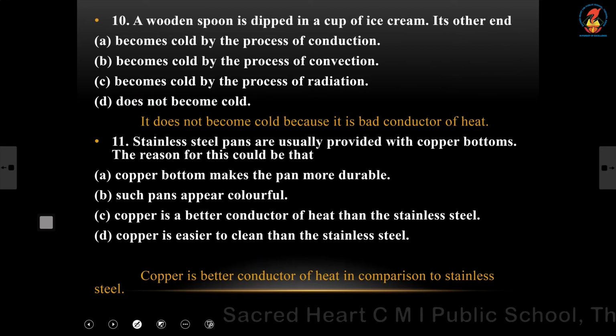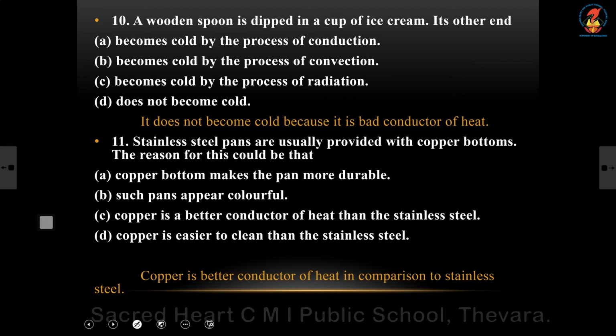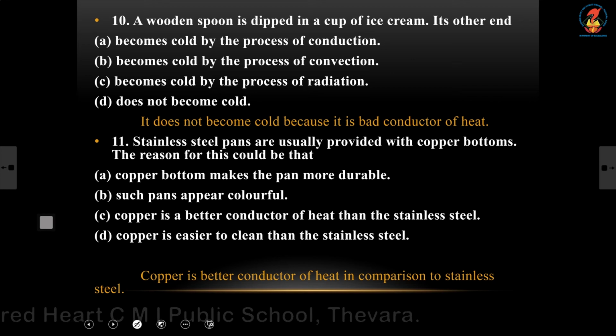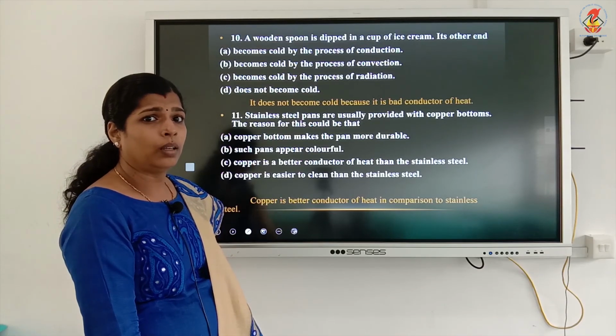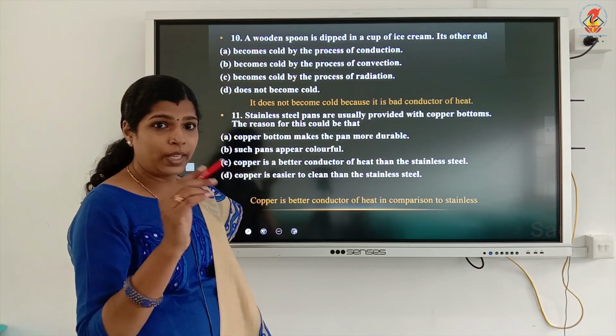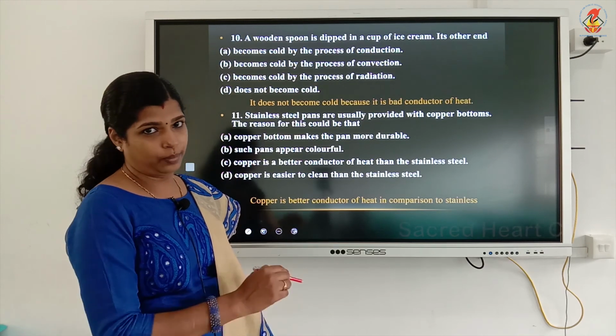Then a wooden spoon is dipped in a cup of ice cream. Whether its other end will become cold? No. Why? Wood is an insulator. Heat will not pass through wood.